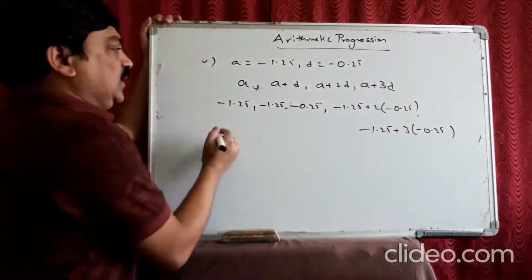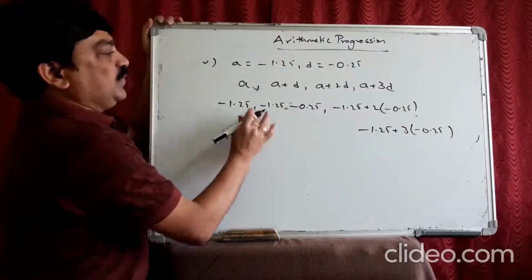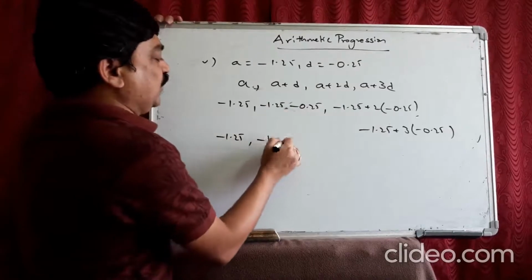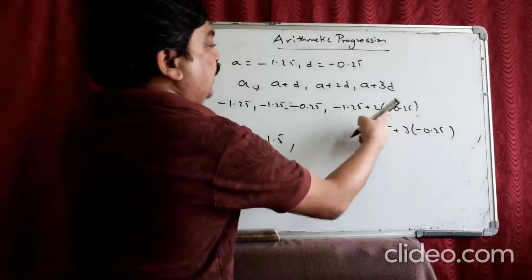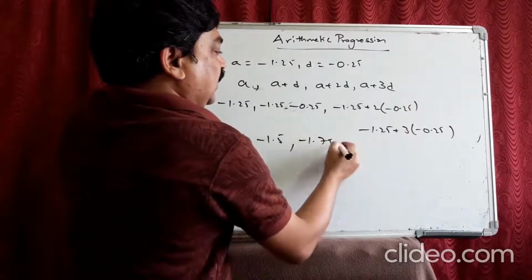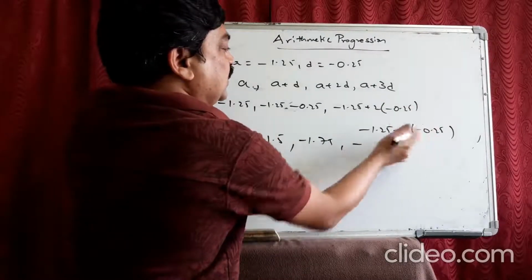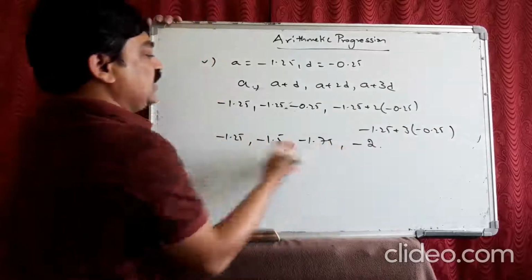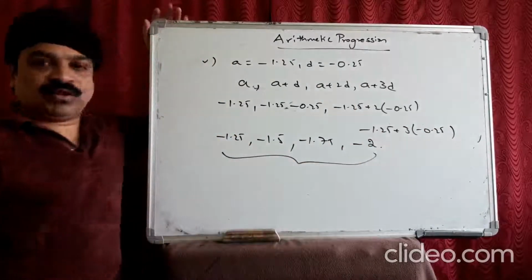That's it. Minus 1.25. When you add, it becomes minus 1.5. And when you add, it becomes minus 1.75. And then it becomes minus 2. These are the first four terms.